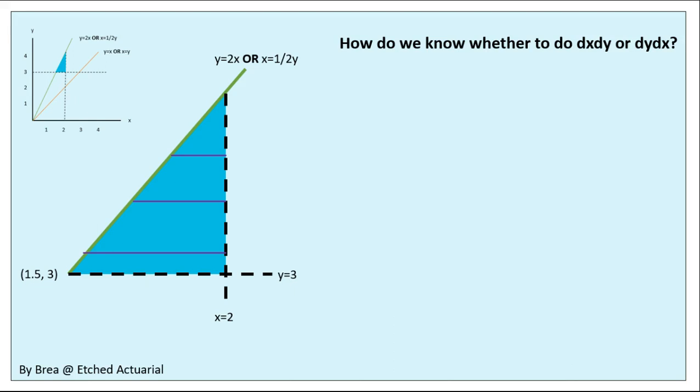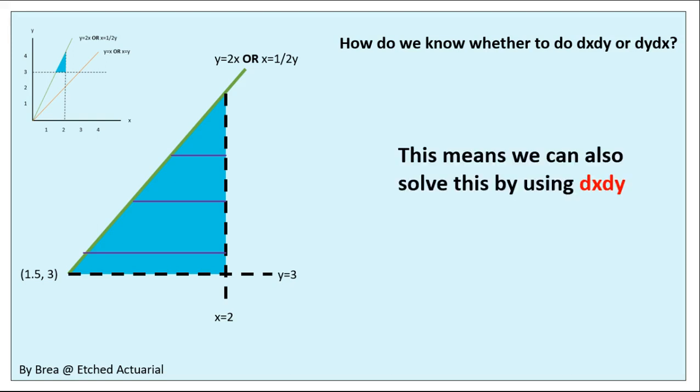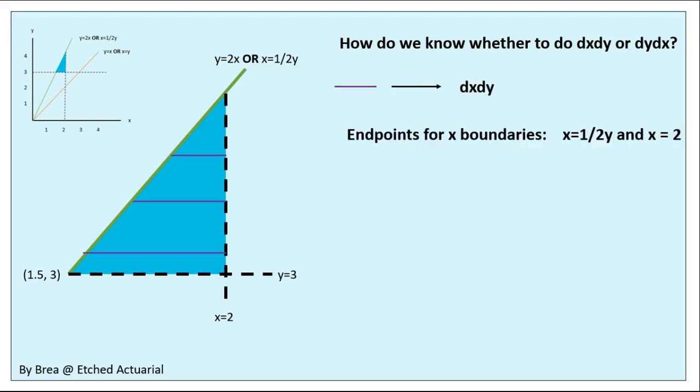They all have the endpoint on the left-hand side touching y equals 2x, the green line, and on the right-hand side, they all have the endpoint x equals 2. So that tells me that we can do dx dy as well. If you can draw horizontal lines with all of the endpoints touching the exact same lines, then that implies we can do dx dy.